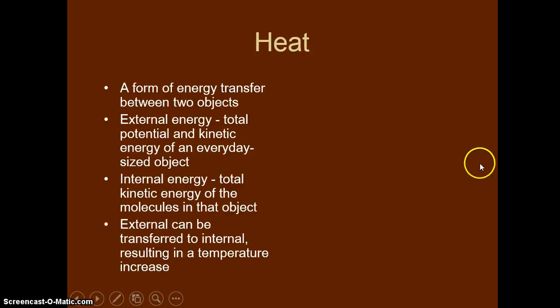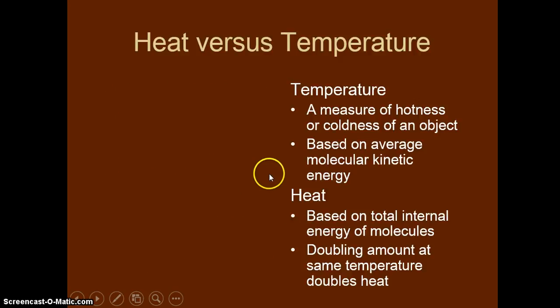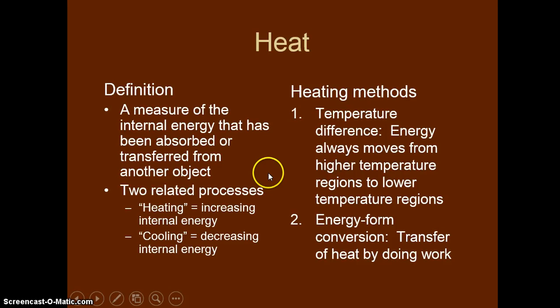All right. Heat. So let's get into the definition of heat. So here's the definition of heat. Heat is a measure of the internal energy. Well, first of all, heat is a form of energy, we should state that right now.